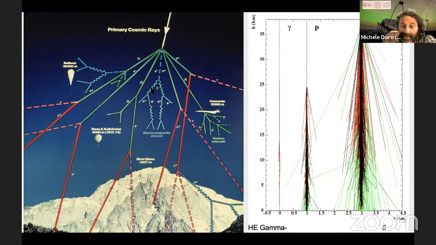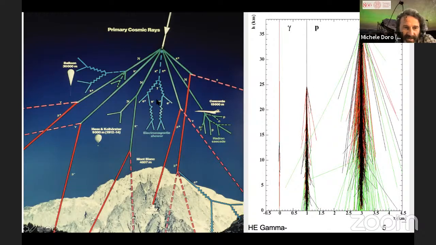Now take these two gammas. They have sufficient energy, because if you take a TeV proton, you have roughly 300 GeV gamma rays, and you know that the leading interaction mechanism at those energies is pair production. So at the end of the day, when you have a gamma, you always have pair production mechanisms.